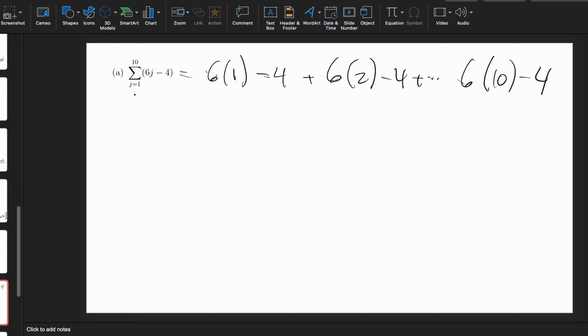Well, what are the elements of the sequence? The first element is 2, and the next element is 12 minus 4, which is 8, and then the third, 6 times 3 minus 4, is 14. So each time I'm adding 6. I'm going to rewrite this as a sub j, because I'm using j, that's what the question's using.